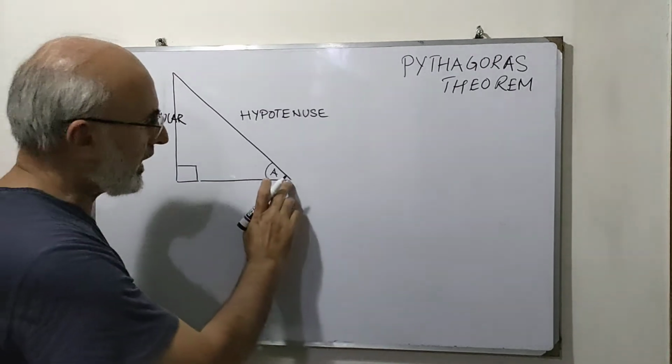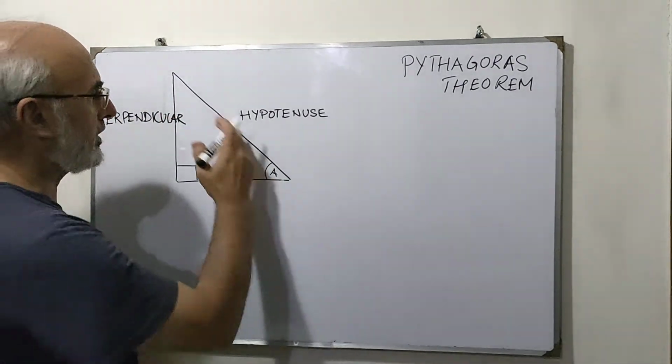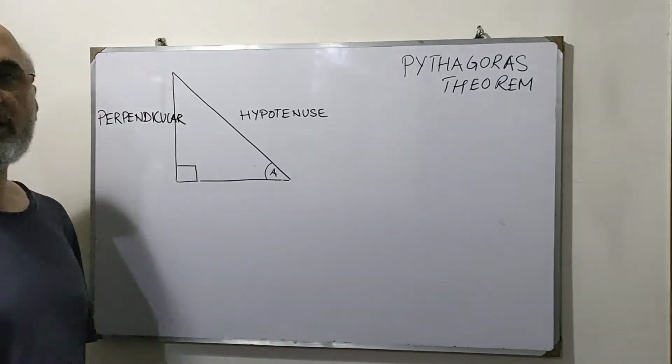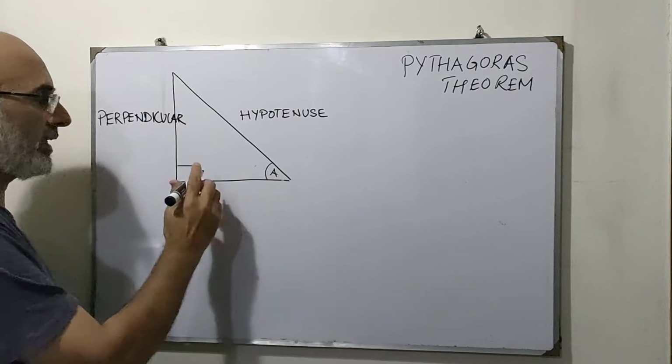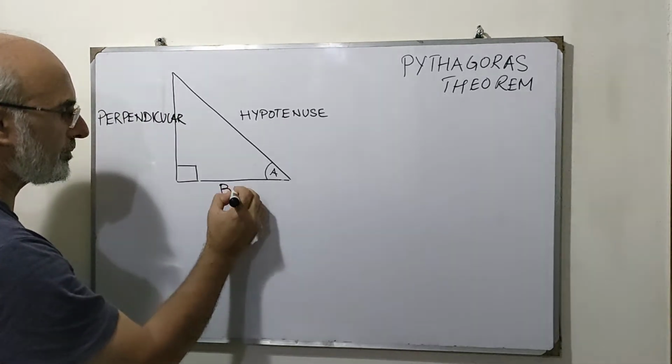Now this angle has two adjacent sides, this side and this side. This side is already named, this is hypotenuse, and the remaining side is known as base.